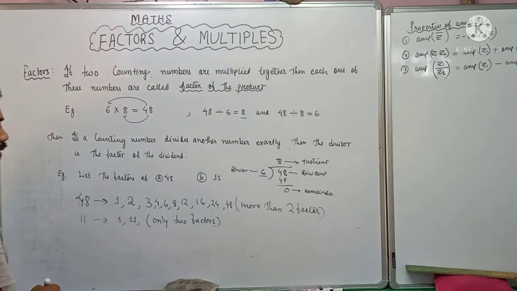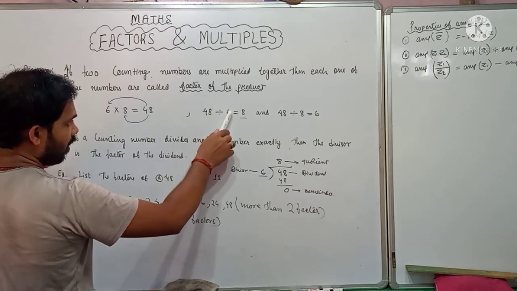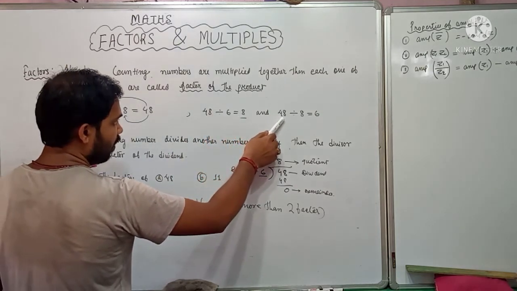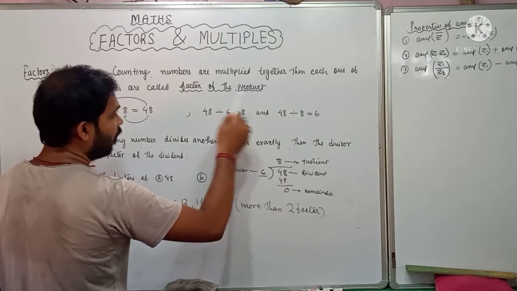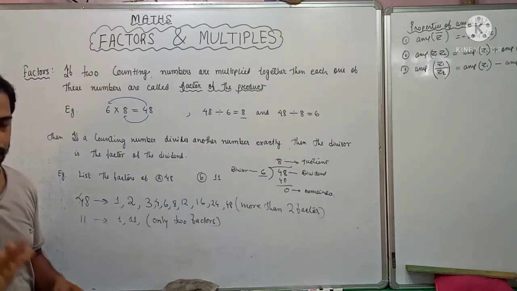Understood? Okay. So if I divide this number by this, then this number will be a factor if the remainder is 0. Is this clear? If clear, then very good.